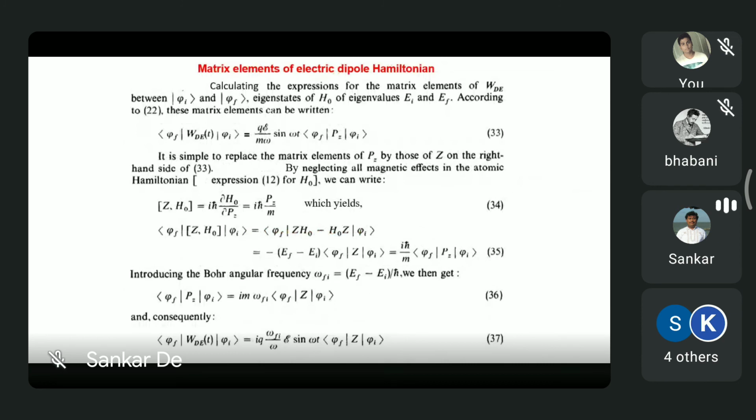So PZ we wrote as a commutation relationship of Z with H0. Here we did the same thing. So it was PYZ and ZPY. So we wrote PY as m by i h bar times the commutator of Y with H0, right?